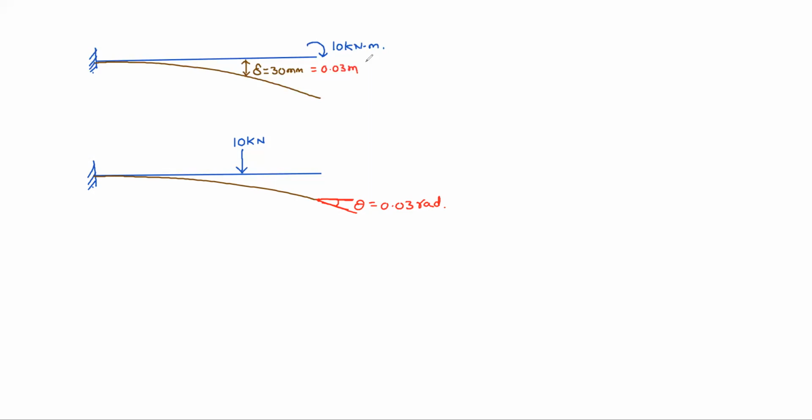The unit is in kilonewton meter, so obviously the delta must be taken in meters only. Then theta you will get the same magnitude, that is 0.03 radians. You should be careful about these units, because moment will always be in kilonewton meter. Obviously the displacement should also be in meters, not mm. If it is in mm, you need to convert it into meters. Then it will be okay.